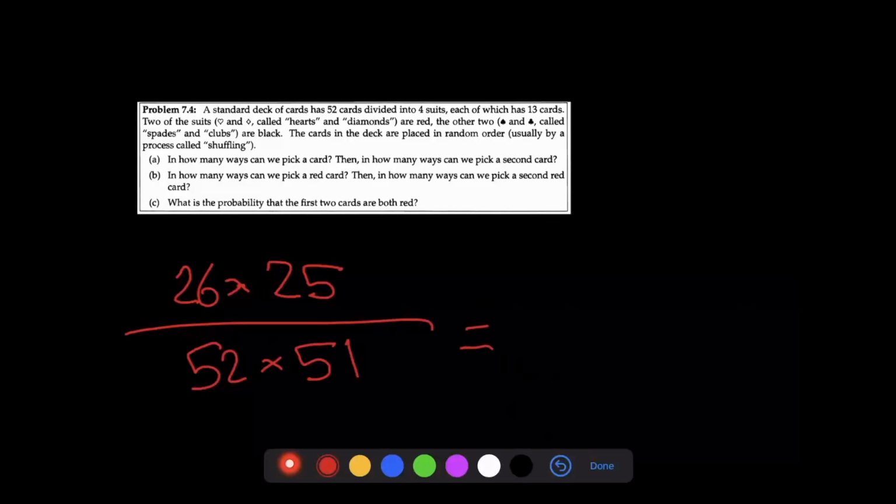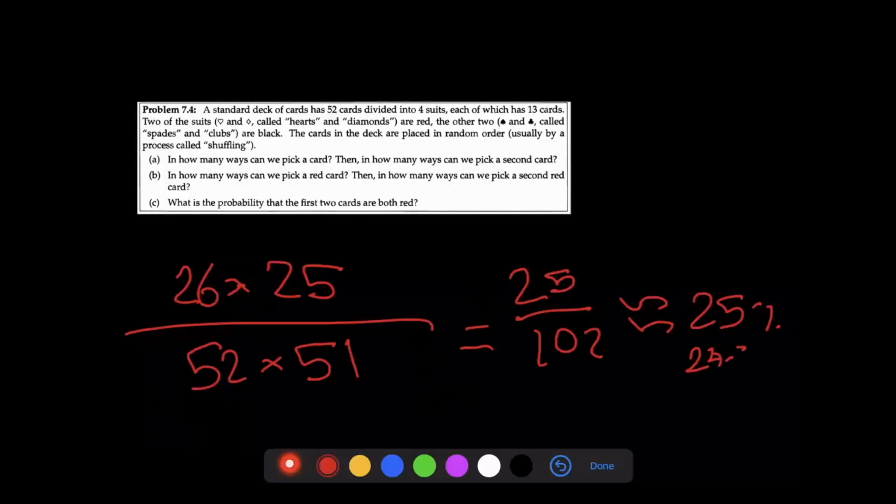Multiplying this out and simplifying gives you 25 over 102, which is about 25%. It's closer to 24 and a half, but that rounds to 25.